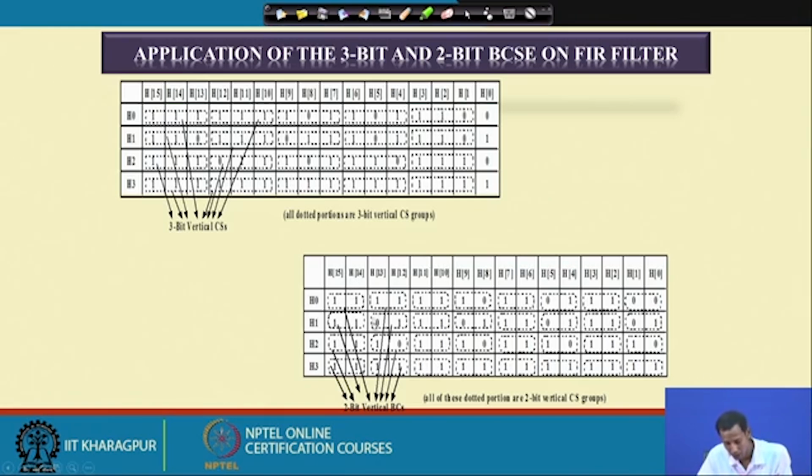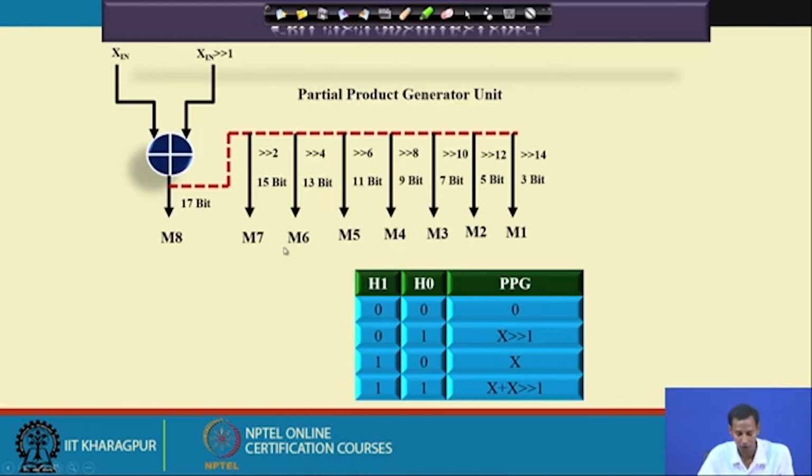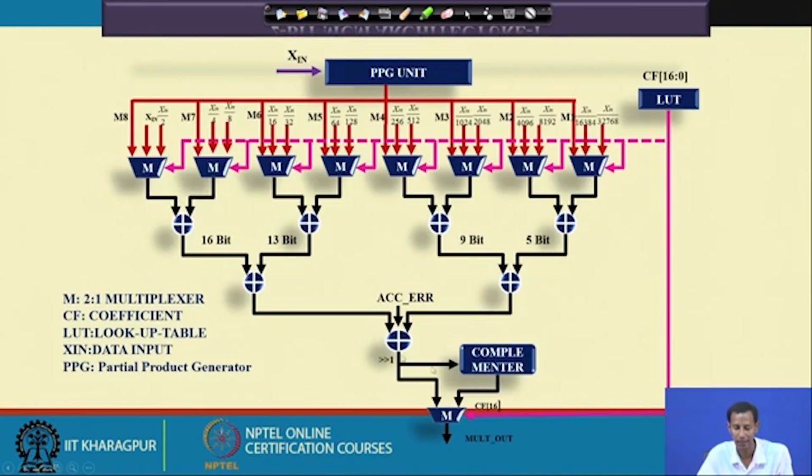If I have to use this 2 bit BCS, at that time it will consider only 2 consecutive bits, that means H 15, H 14, H 13, H 12, H 11, H 10, H 9, H 8, something like this. So, instead 3 bit it will consider 3 consecutive bits, which is H 15, H 14, H 13. Okay. So, considering this fact, I will get the circuit something like this. The architecture for this is for one single constant multiplication.